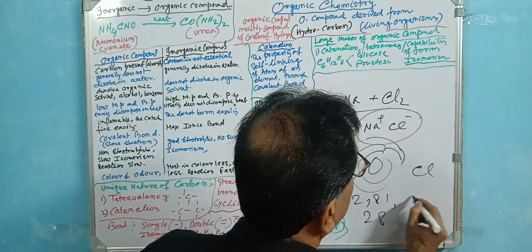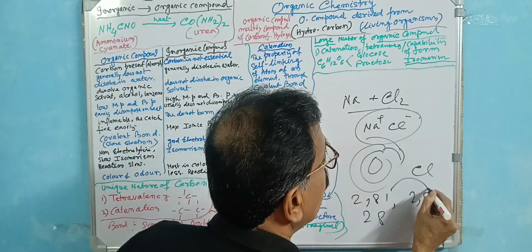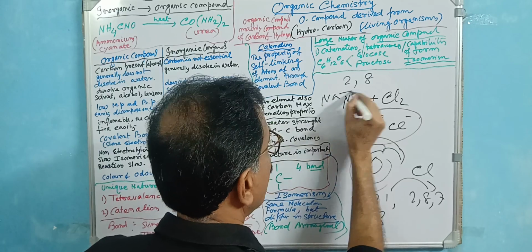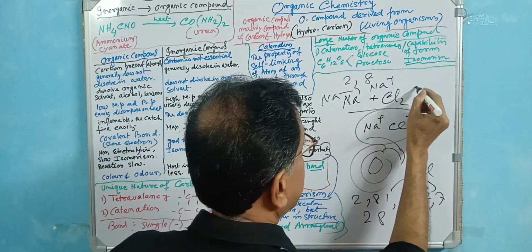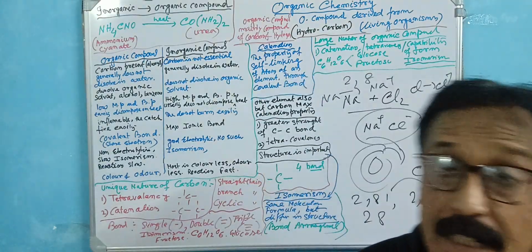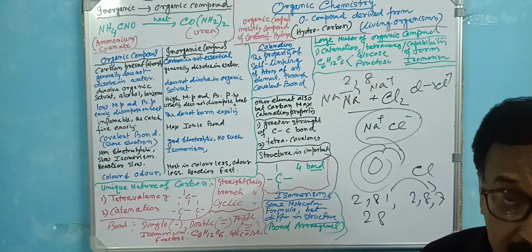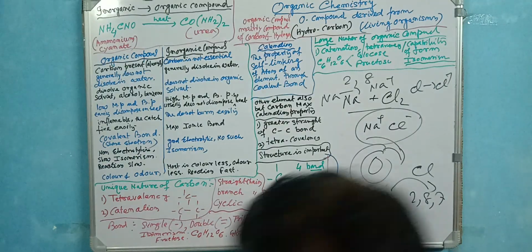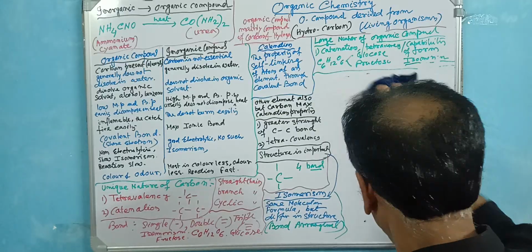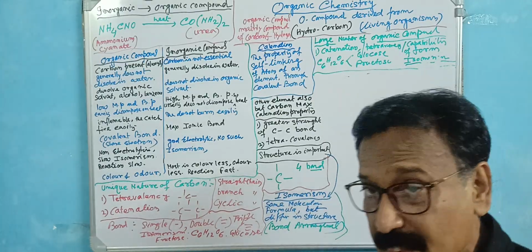One electron shifts from sodium to chlorine, giving Na+ and Cl-. That is all of the inorganic compounds, an electron exchange in the outermost orbit, especially the ionic bond.